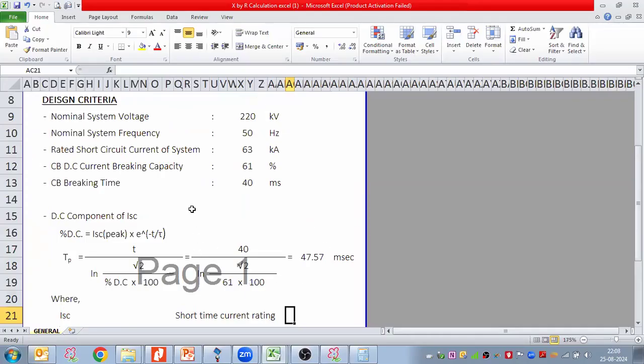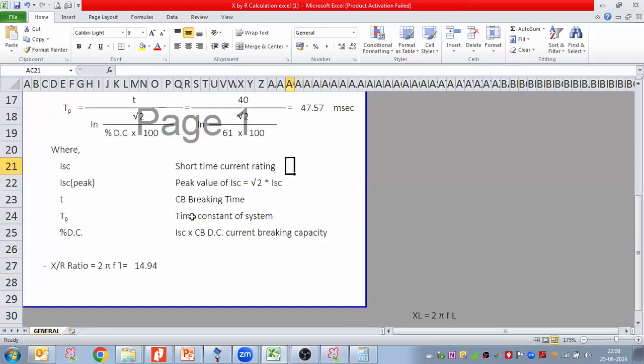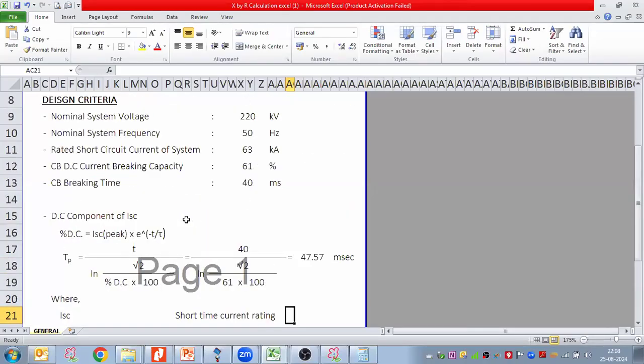So let us see one calculation method for how we can find the X by R. 10, 14, I took two values. Now we can calculate as well. Let us take one example: in any system where you're working, the system is a 220 kilovolt system, and 50 Hz is your frequency, which is important.